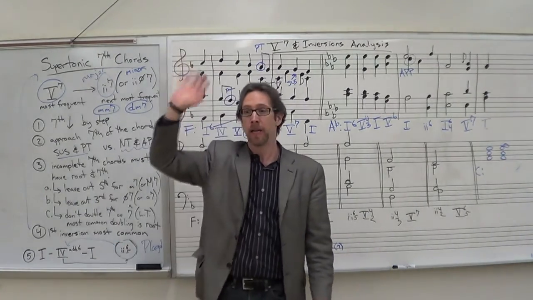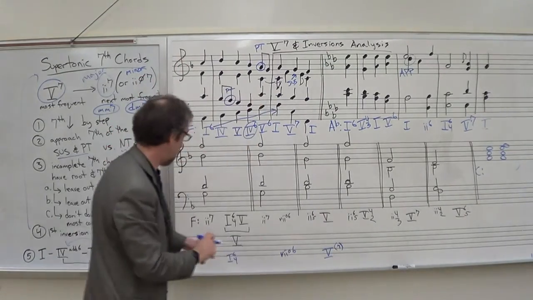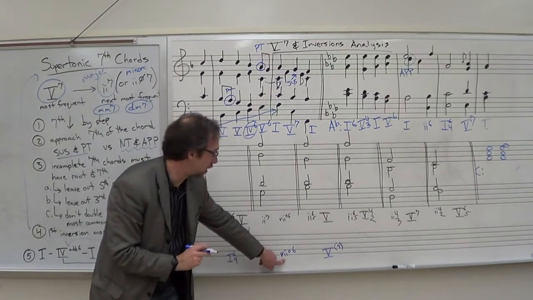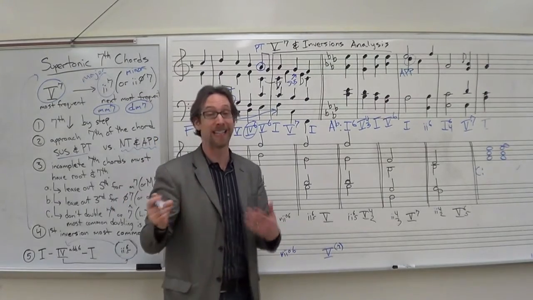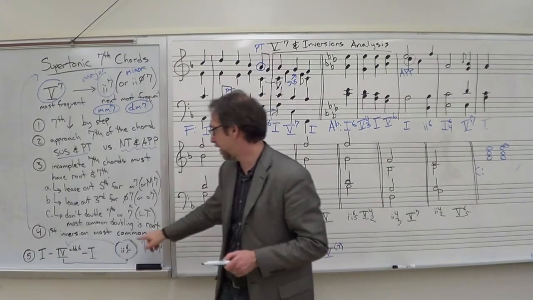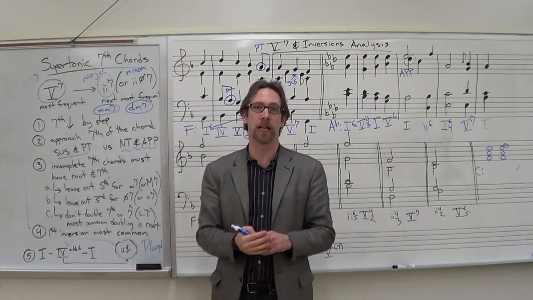And you might say, Dr. B, but 2 doesn't go to 1. 2 goes to maybe 1-6-4, maybe 7 diminished 6, maybe 5 or 5-7, but according to your chart, it doesn't go to 1. And I'll say, you're right. That's because in this case, it looks like a 2-6-5, but it's not functioning like a 2-6-5.